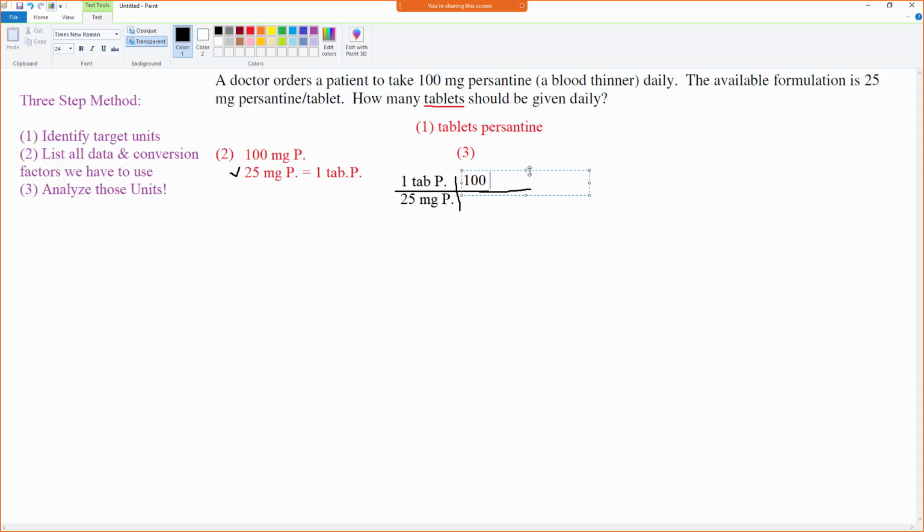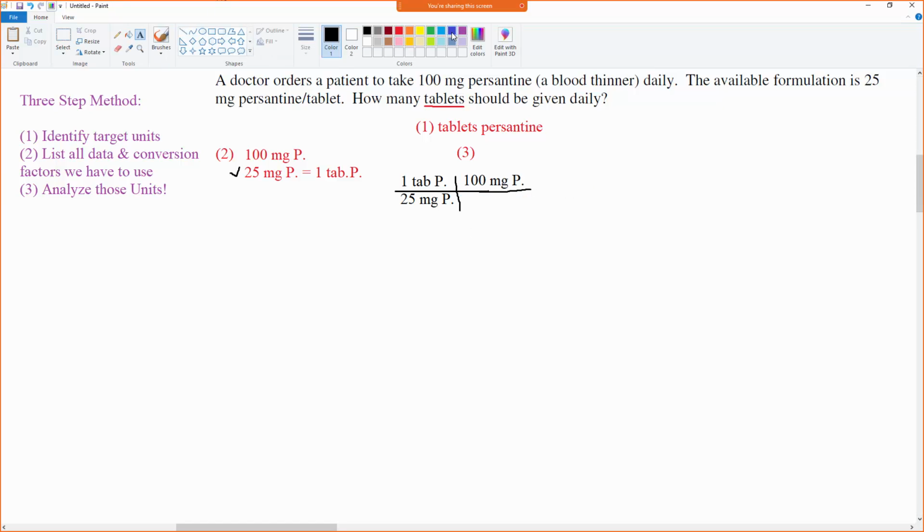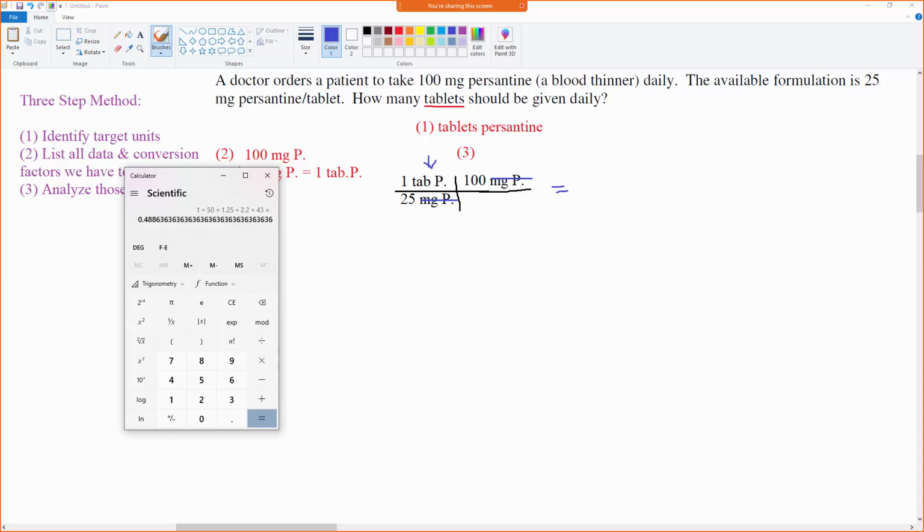Okay, that's perfect. That's exactly the right reason for doing that thing. So milligrams cancel. We're left with tablets, which is just what we wanted. So we're done. That's all we have to do. And I can do that on my calculator, but I'm not going to. 1 times 100 divided by 25 is going to be how many?